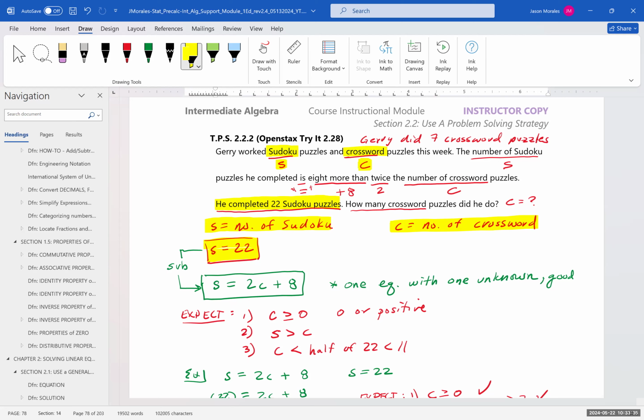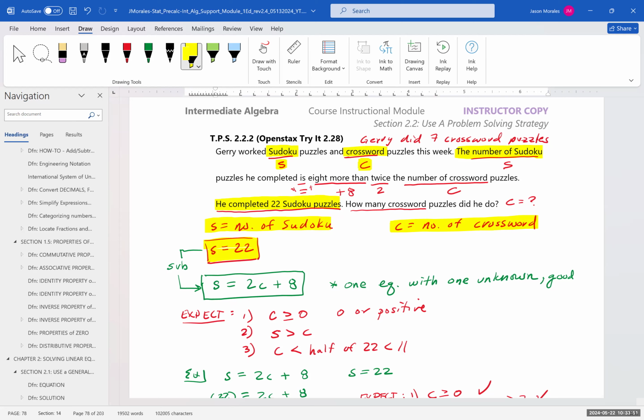Now, this sentence right here, the number of Sudoku puzzles he completed is 8 more than twice the number of crossword puzzles. So this is actually describing an equation.